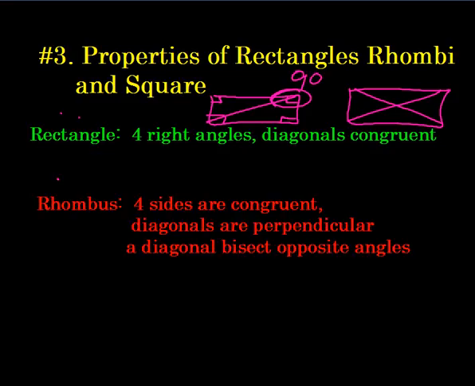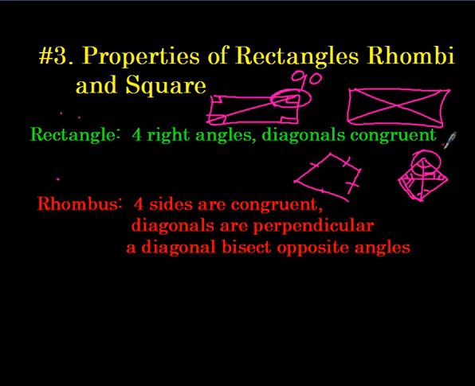A rhombus has 4 sides that are congruent. It has diagonals that are perpendicular, and it has diagonals bisecting opposite angles. So if I drew a rhombus, these are terrible looking rhombi, these would be 90 degrees, and then we could also say that these little pieces get bisected.